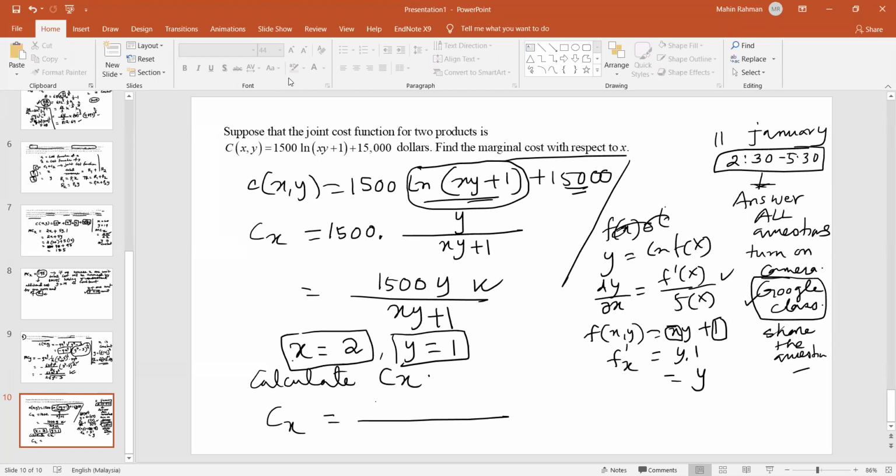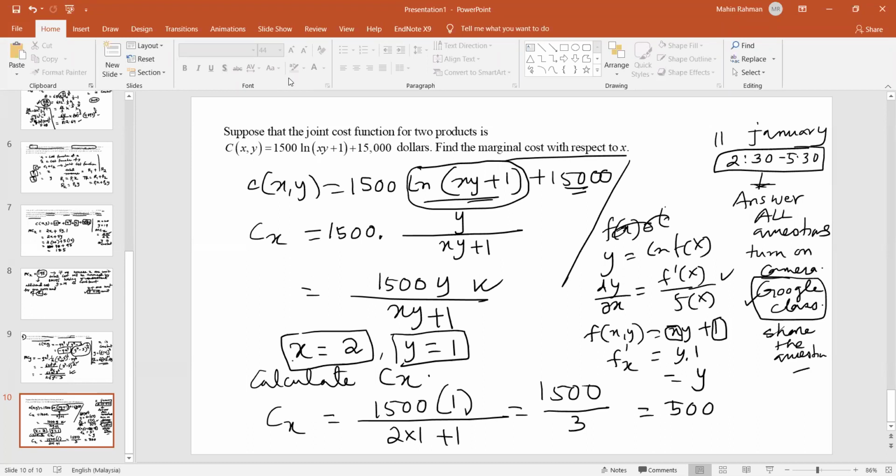So it will be 1500 multiply y is 1, and x is 2, times 1 plus 1. So it will be 1500 divided by 2 plus 1 is 3. So it is 500.